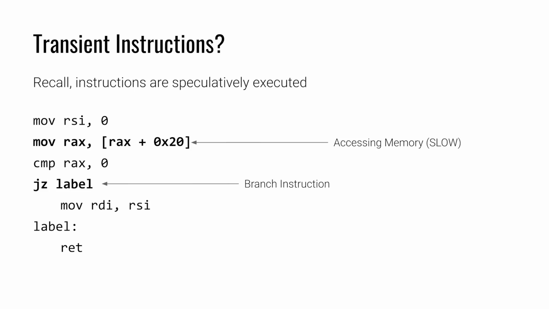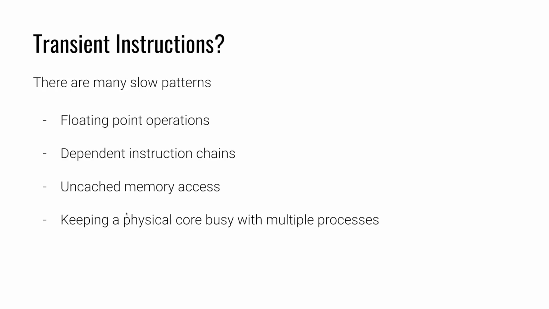But there's actually a lot more speculating going on in the CPU than this kind of toy example, because there are a lot more slow operations inside of the CPU. Floating point calculations, for example, are handled in a dedicated component inside of the CPU. To perform a floating point operation, a value needs to get moved into a special floating point register that component can interact with.